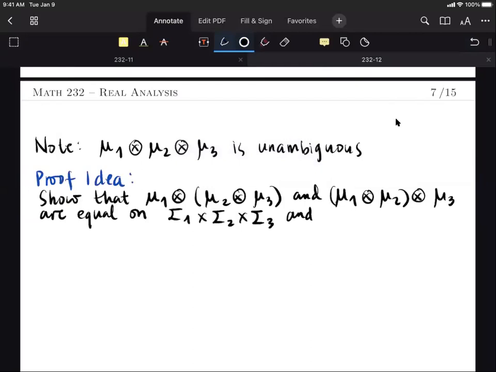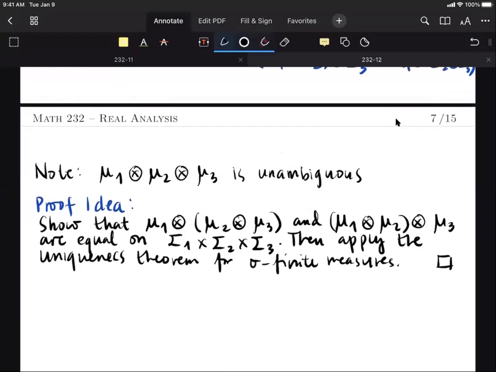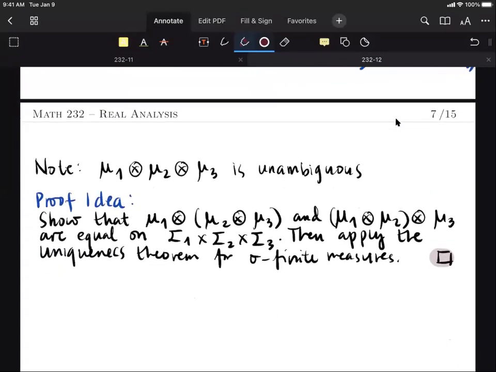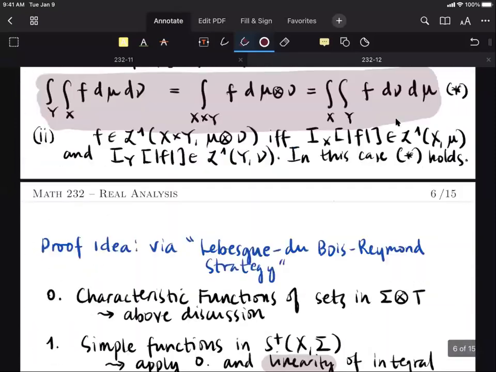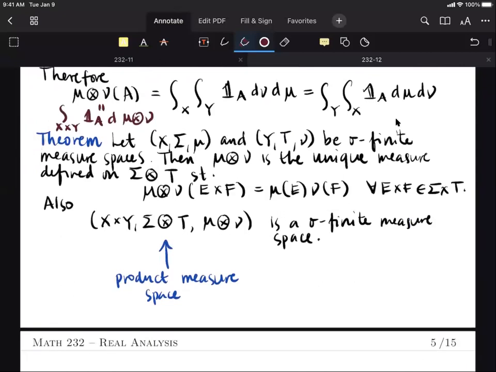And then apply the uniqueness theorem again for sigma finite measures. So that's the proof idea. And of course, equality here follows immediately from the property, or follows from this theorem stated a while ago. And you can put the details there.